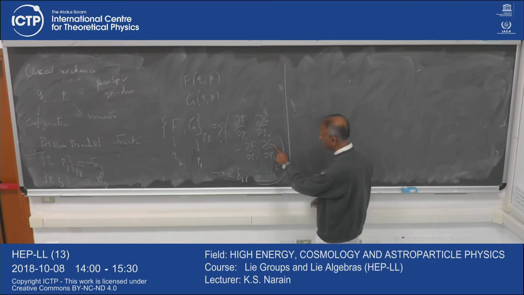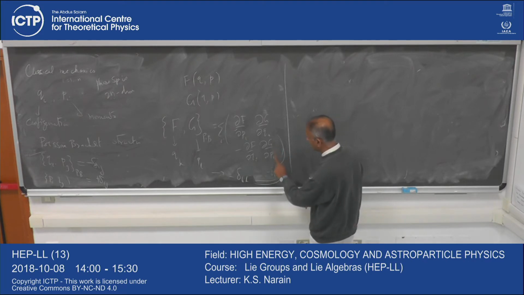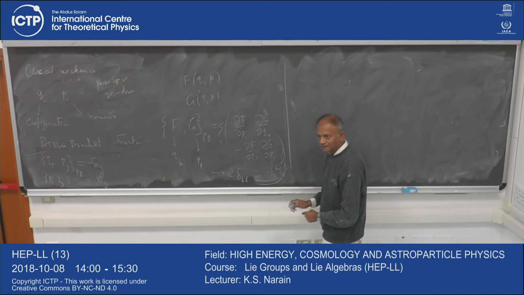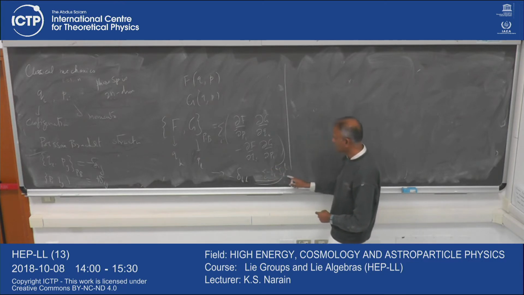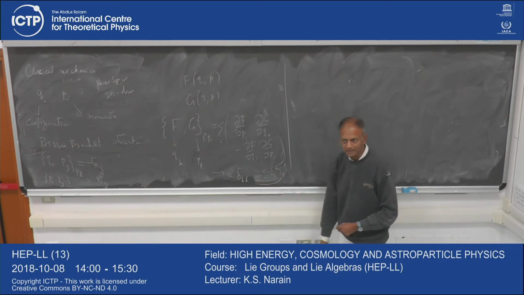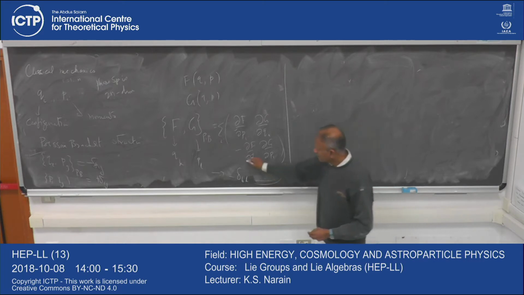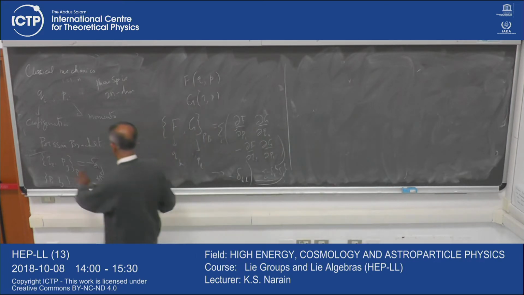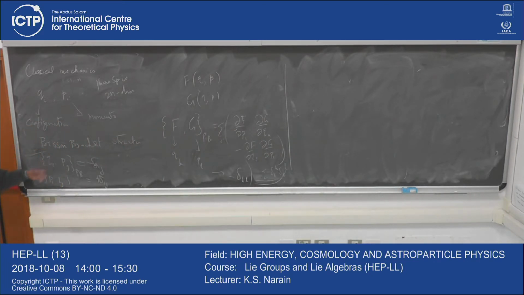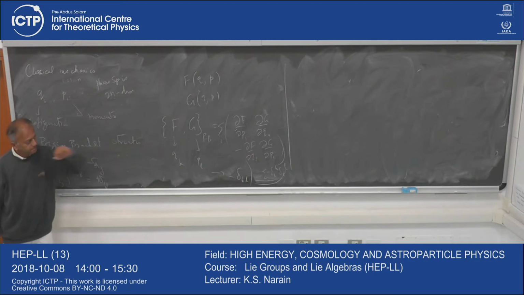And then this one is pl, dpl by dpi is delta il. Then I have to sum over i, but when I sum over i, I'll just get minus delta kl. So this is just a generalization of that. This was for specific functions, but here it's now for arbitrary functions.